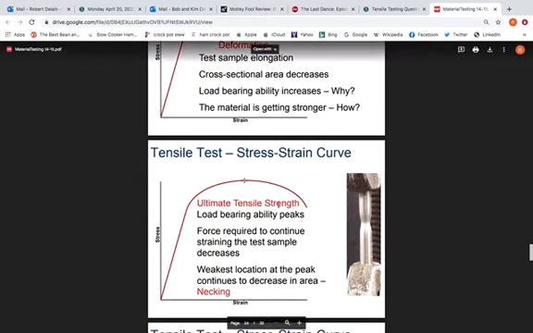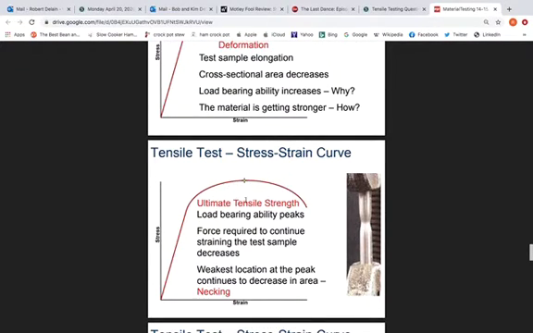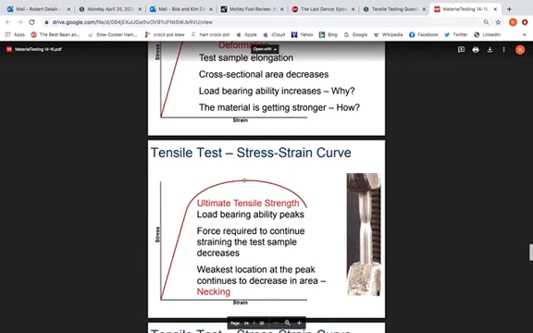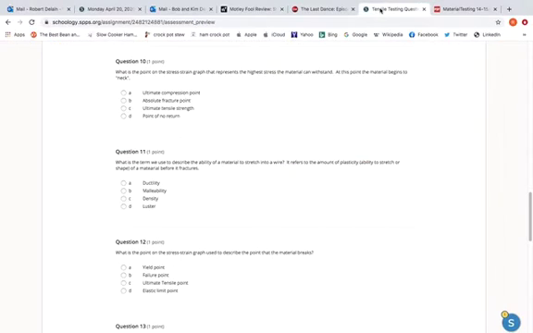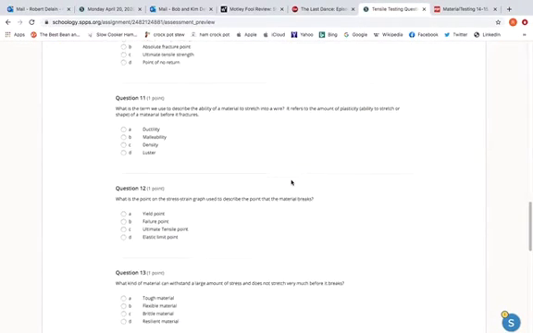That's called necking. And this is the term that we use for that. It's called the ultimate tensile strength. Okay, at this point, the material begins to get thin, and you know what's going to happen next. It's going to end up breaking if you keep putting force on it.